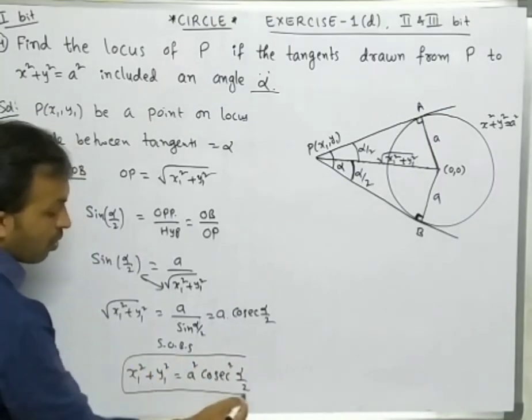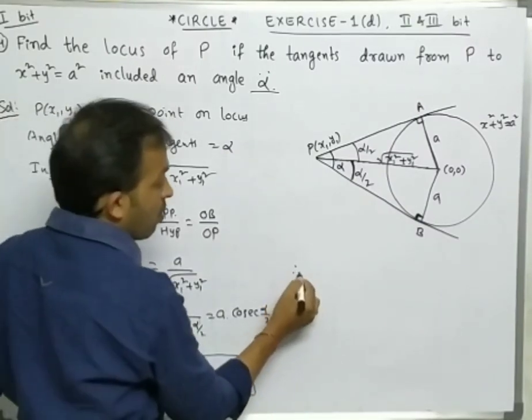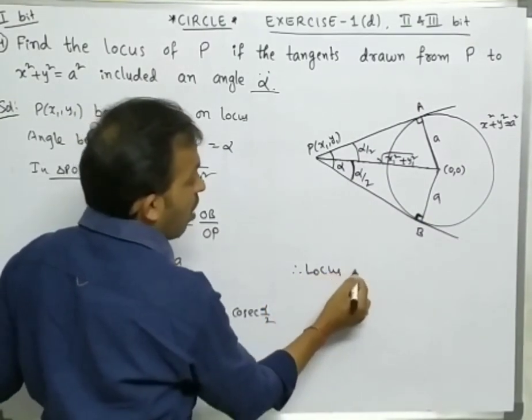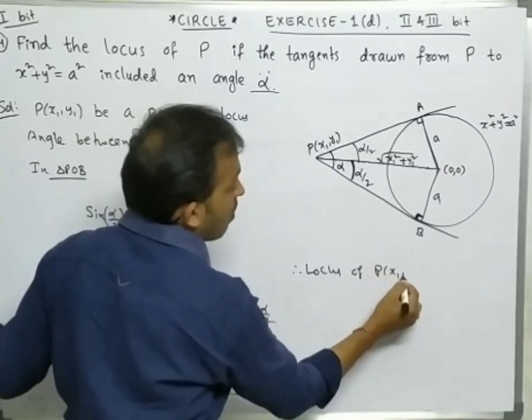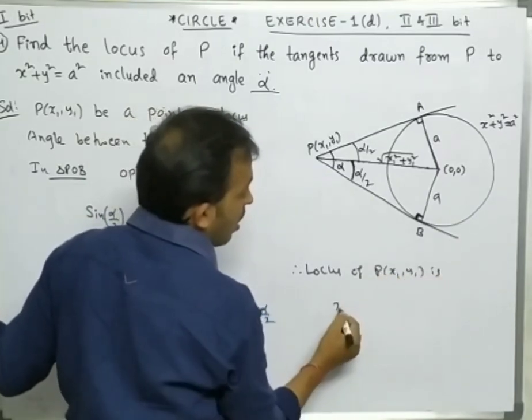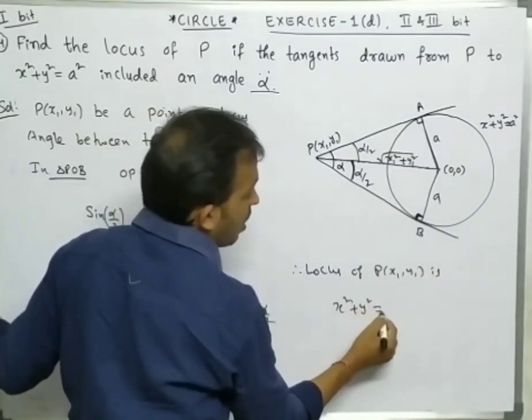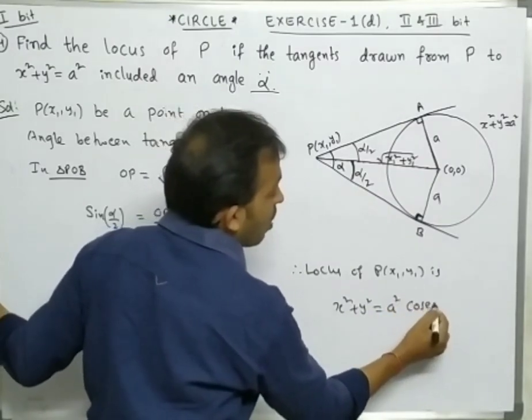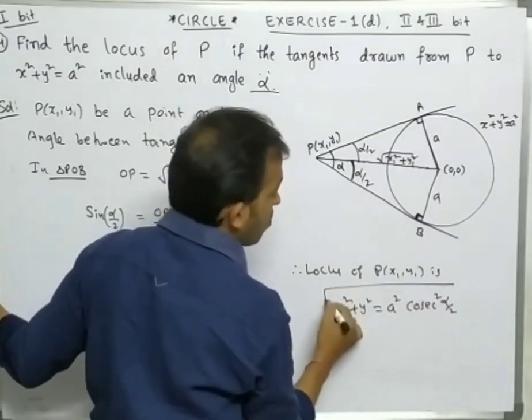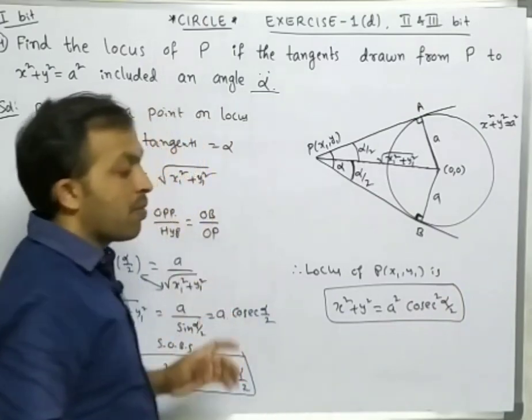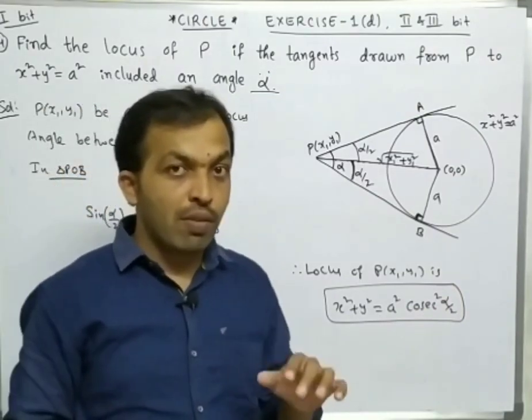This is the required locus. Therefore the locus of P(x1, y1) is x square plus y square is equal to a square cosec square alpha by 2.